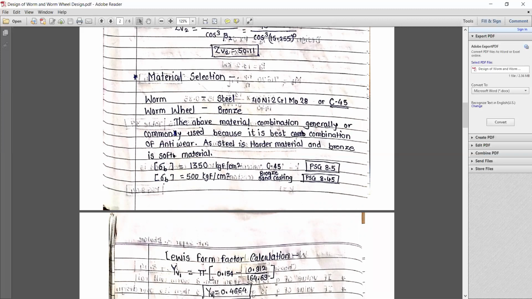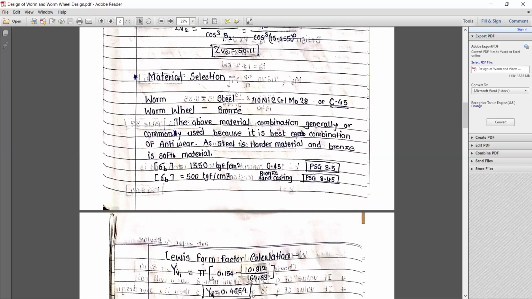Previously we discussed the worm wheel, now we have to discuss the worm. The worm is normally subjected to bending and torsion, so we need a material having higher strength and ductility, like plain carbon steel or alloy steel.